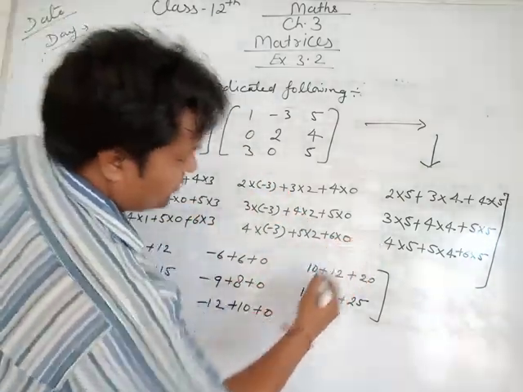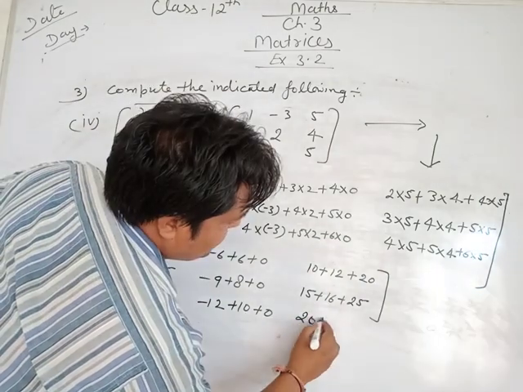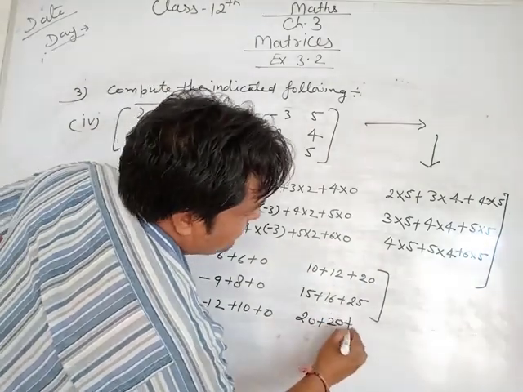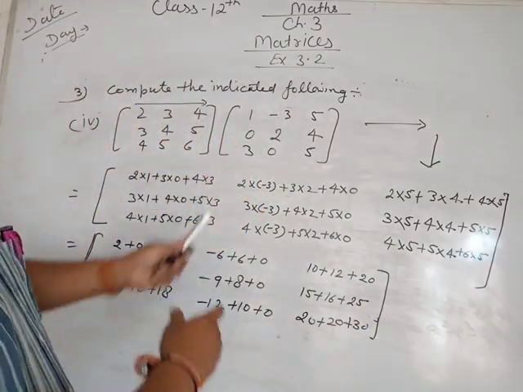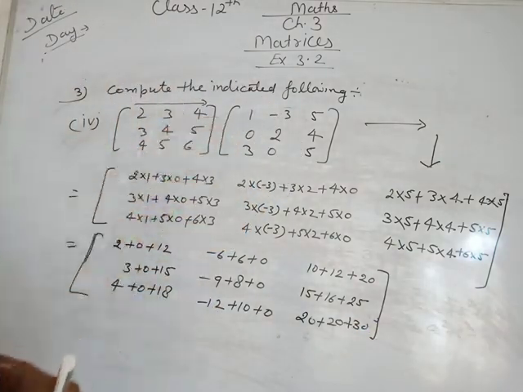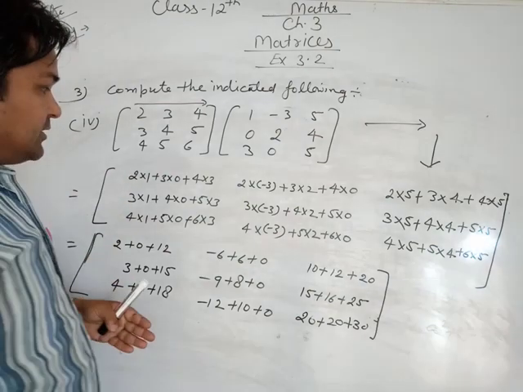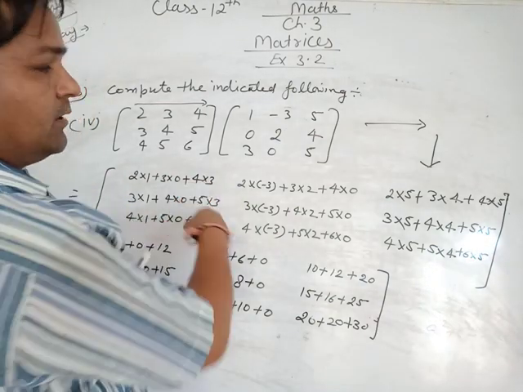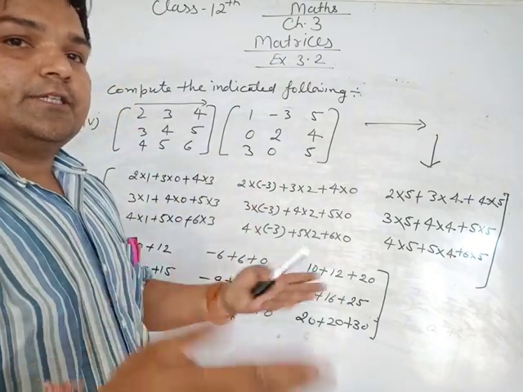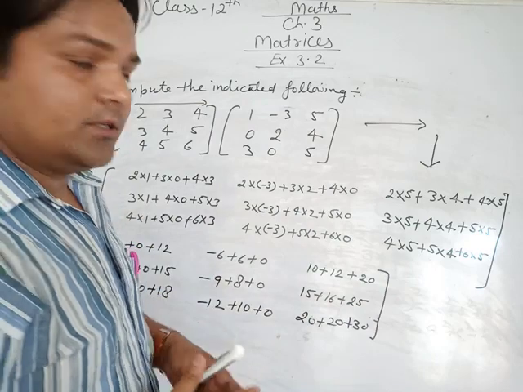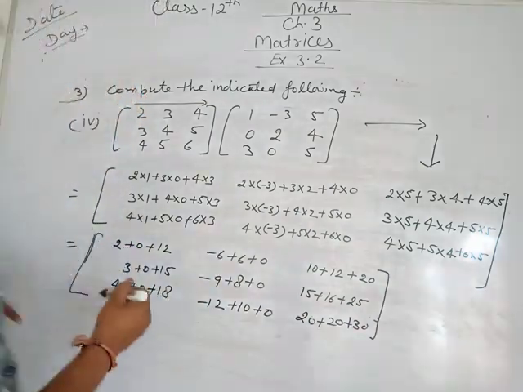Here 20 plus 20 plus 30. Clear? Firstly, we use the product rule, and after that we use BODMAS. BODMAS means, as in previous classes, bracket, division, multiplication, addition and subtraction. It is BODMAS, so we will use BODMAS here.